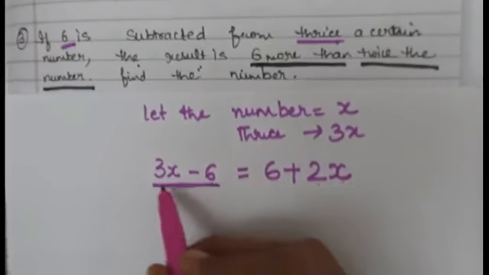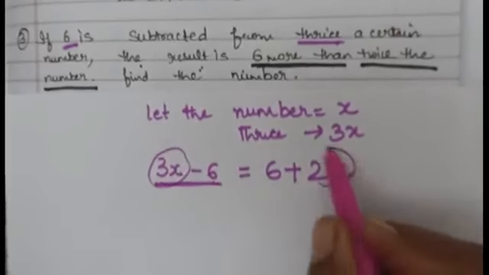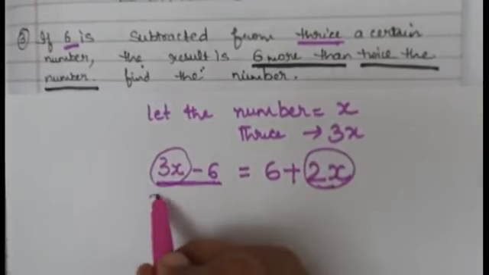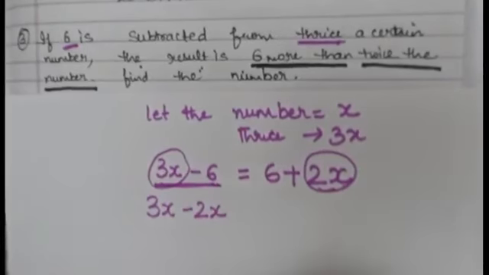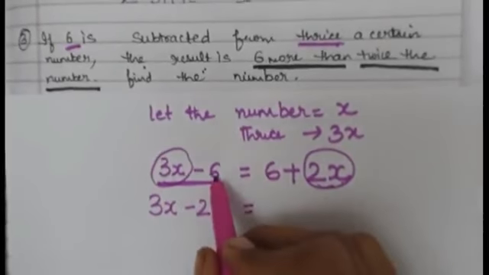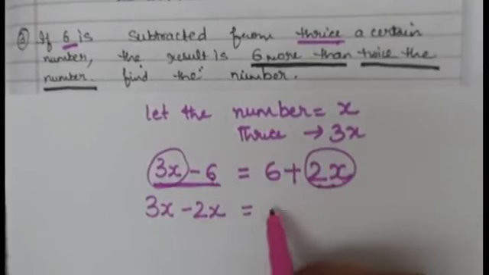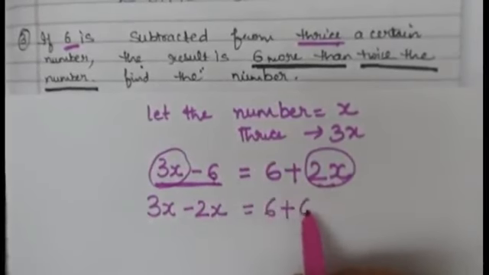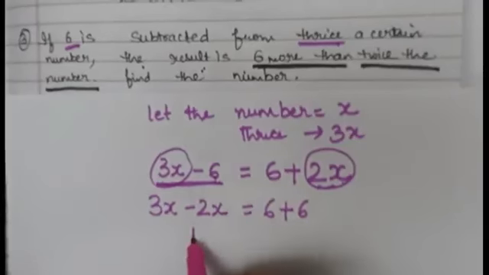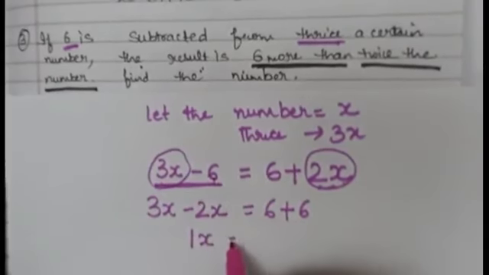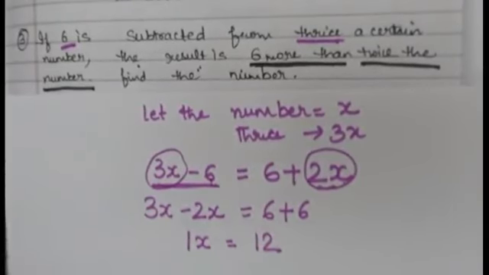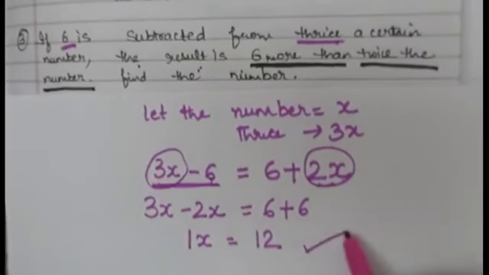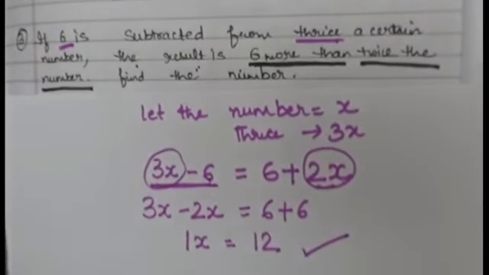So now combine the like terms. 2x will go to that side, it will get subtracted. And this 6 will shift to that side, it will get added. So what we get? 1x is equal to 12. So the required number will be 12.